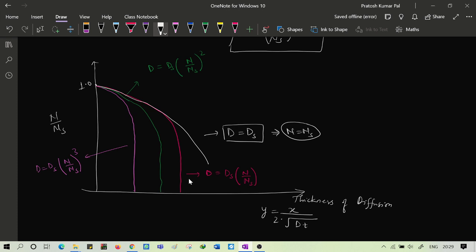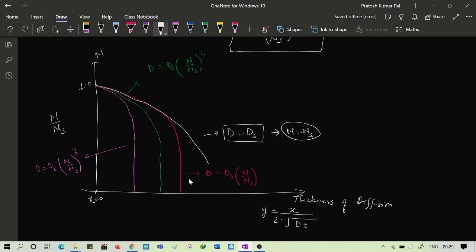So at the starting point, n by ns comes out to be 1, that means at this location n is ns, that is at the surface. At the surface, that means x is equal to 0, whatever the concentration of n will be, it will be ns only.